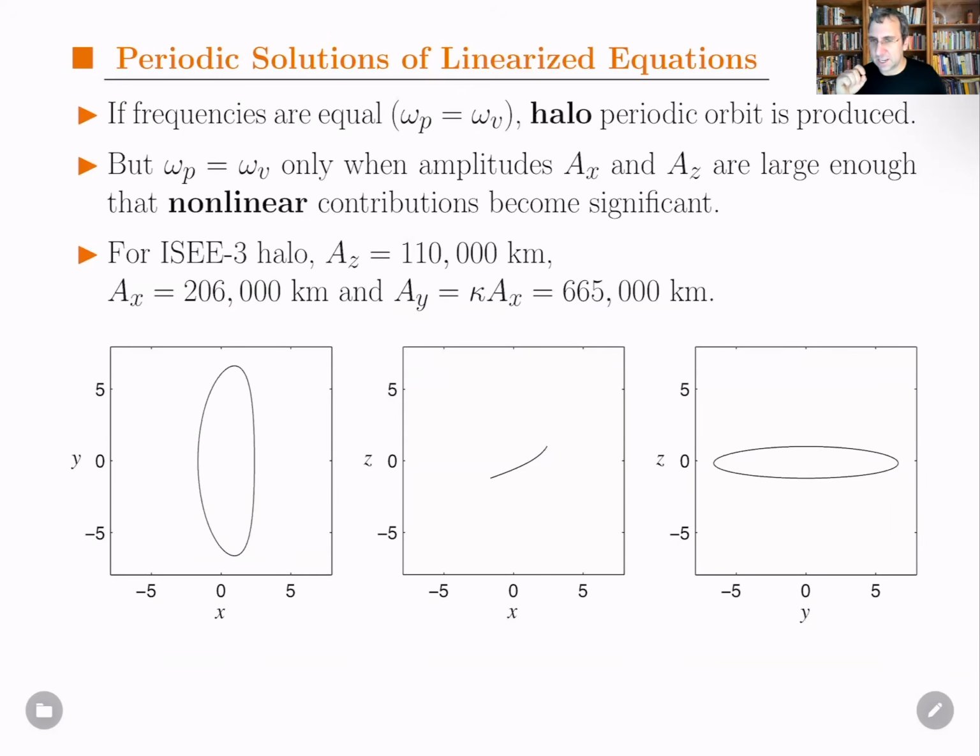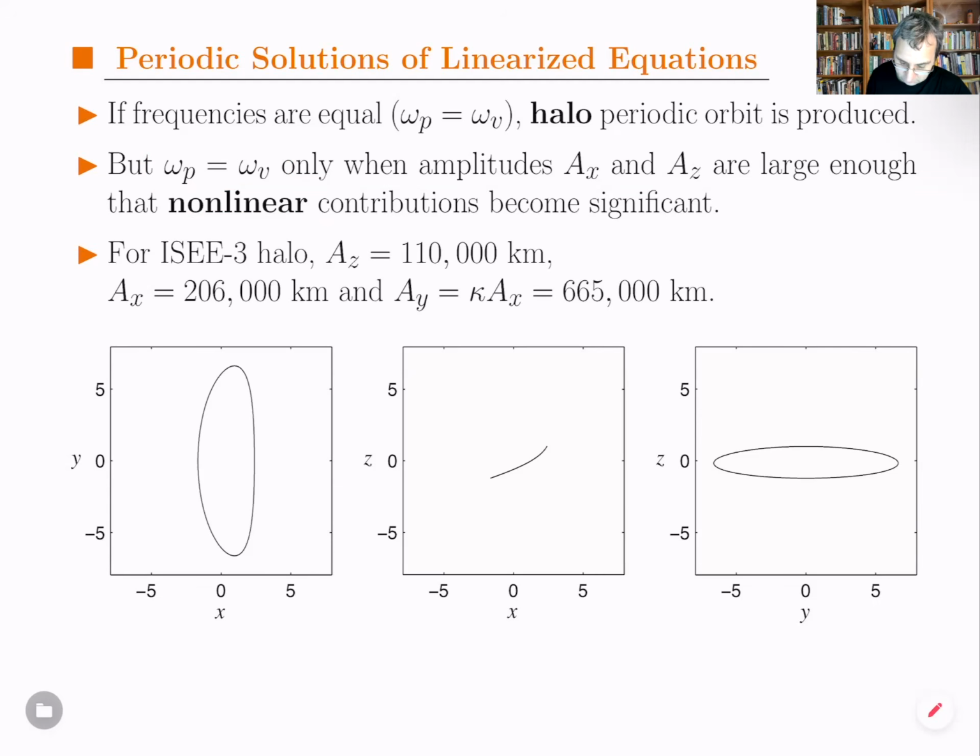Now, if the frequencies were equal, then we get a halo orbit. They're not equal because we're only looking at the linear approximation. But as you look at larger amplitudes and consider nonlinear contributions, you can get to the point where the frequency of the planar motion and the vertical motion is equal.